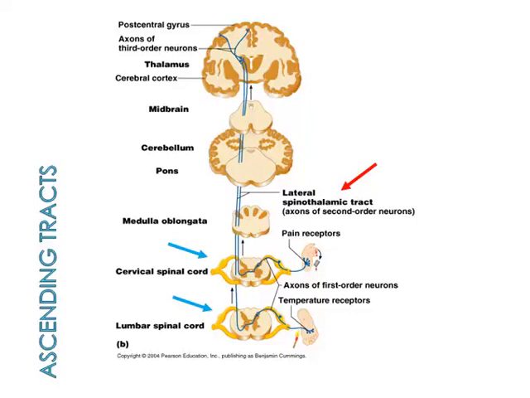And then we have some areas where decussation is happening, which is what the blue arrows are pointing at. So remember that decussation for the spinothalamic tract occurs at the level of entry in the spinal cord or spinal column, and you can see that. Pain receptors crossing over, temperature receptors crossing over.